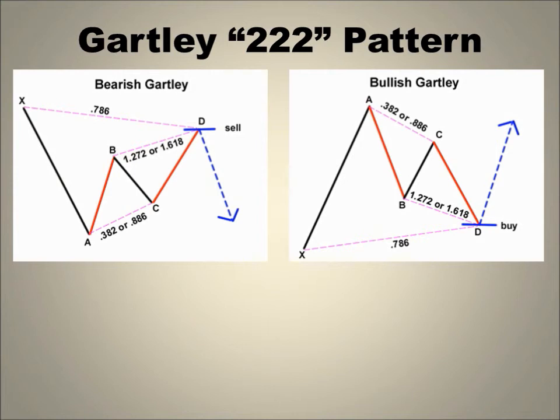So, for example, here we have the bearish Gartley, and it's similar to the ABCD pattern, only it just means that here it follows a really long wave downward, or a long wave upward, depending on which trend we're following.